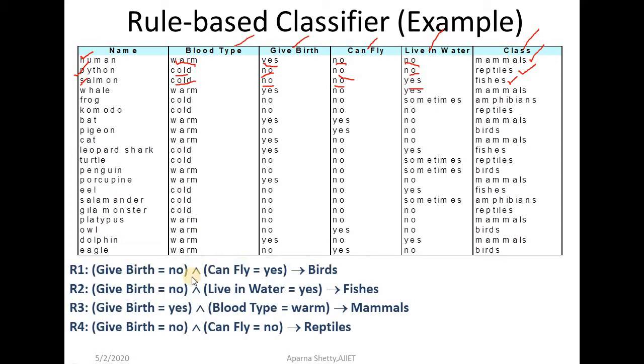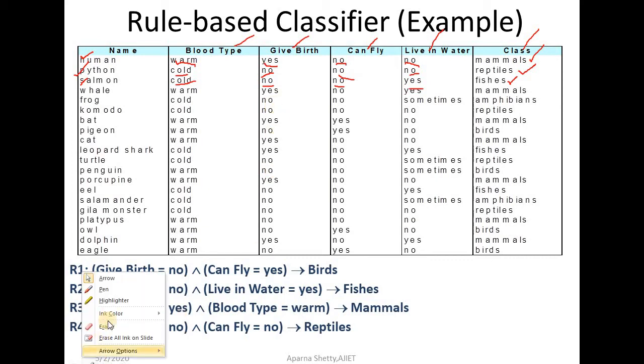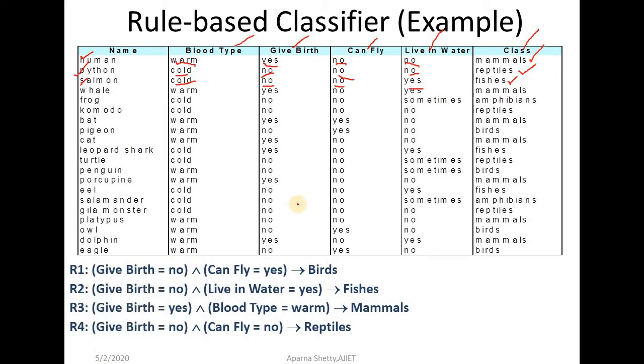So if these two conditions are satisfied, gives birth is equal to no and can fly is equal to yes, as you can see in these records, then you can classify them as birds.